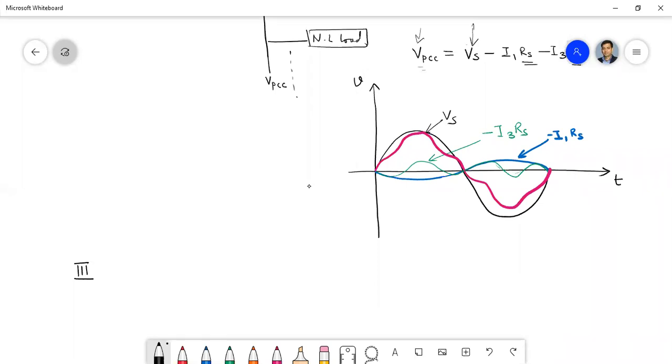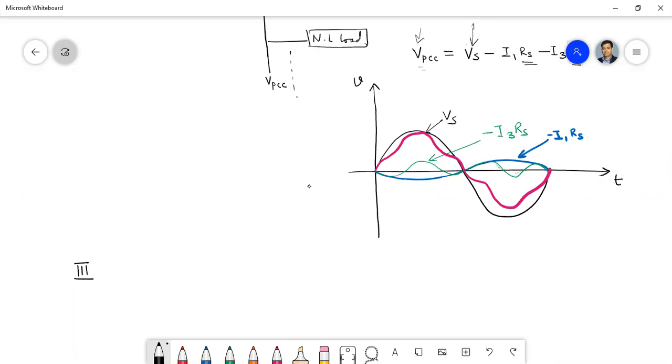Now cables, transformers, these are all called the line equipment, which is connected to the line. So what will be the problem in those line apparatus?